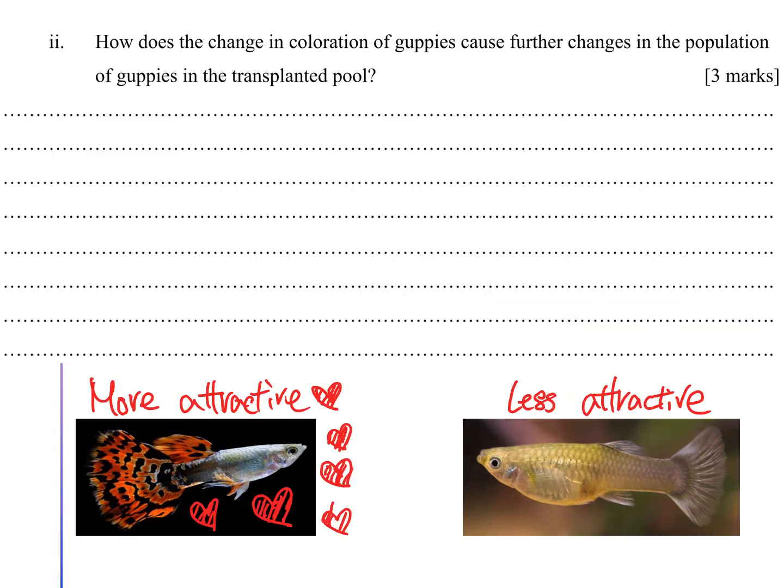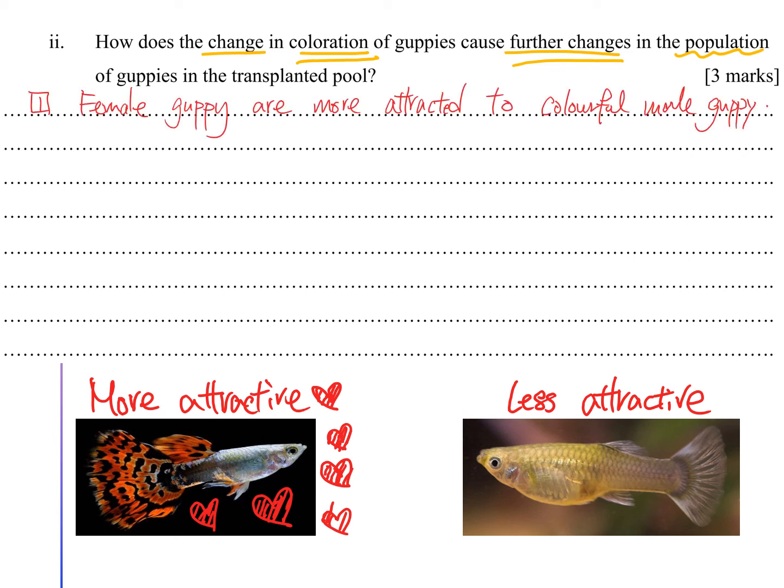Question B2. How does the change in the coloration of guppies cause a further change in the population of guppies in the transplanted pool, that means the killifish pool? The answer is because the female guppies are more attracted to the colorful male guppies, so the colorful male guppies have a higher chance to find mates and reproduce.